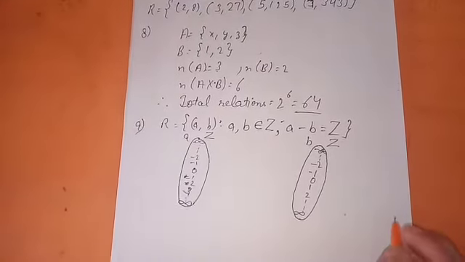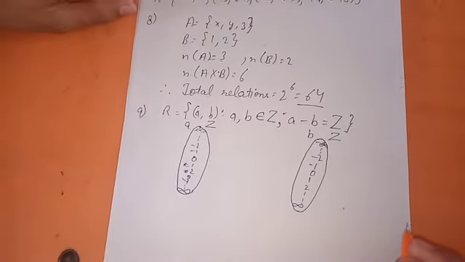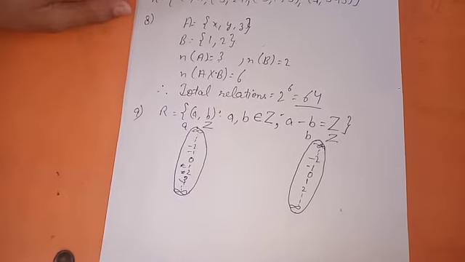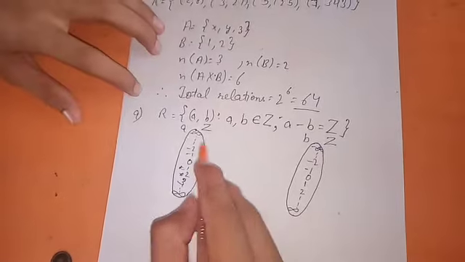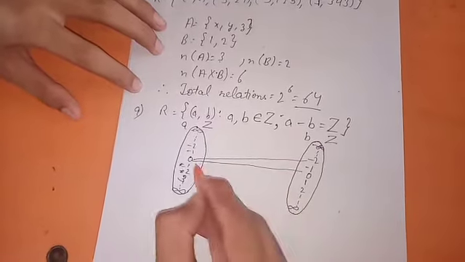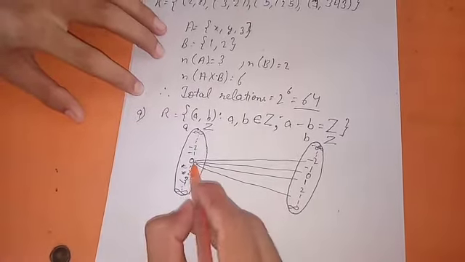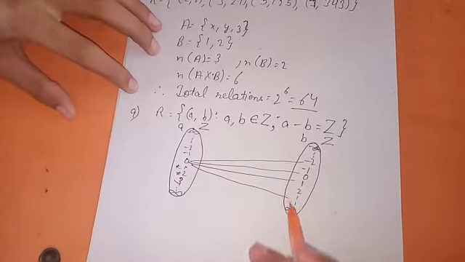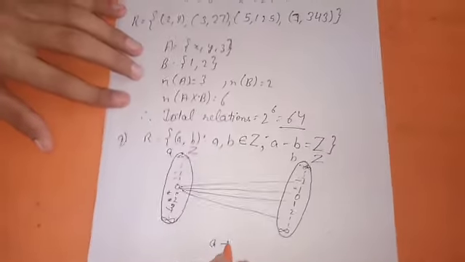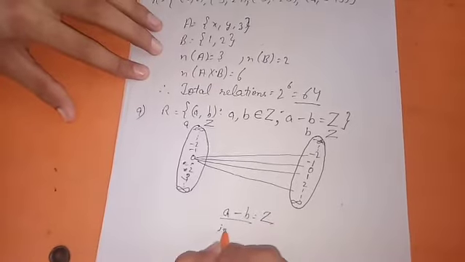Now A minus B must also be an integer. So we can take either of the values. Now we will get a relation of 0 with every number. Similarly for 1, for 2, for 3, because if we subtract an integer from an integer, we will get an integer.